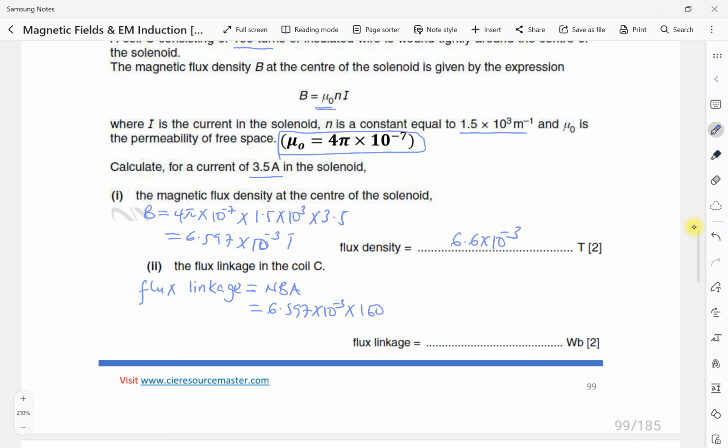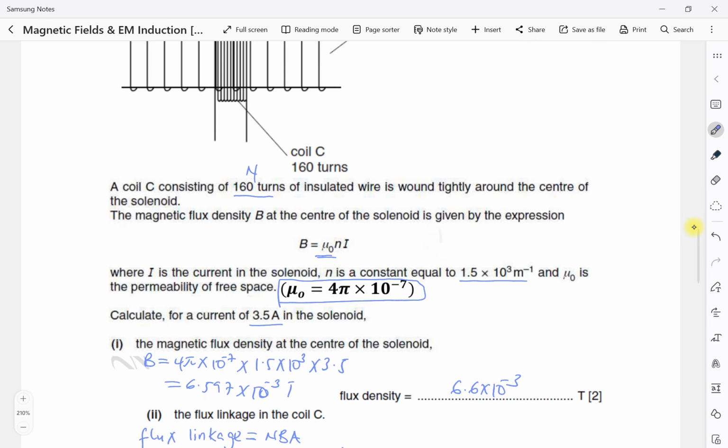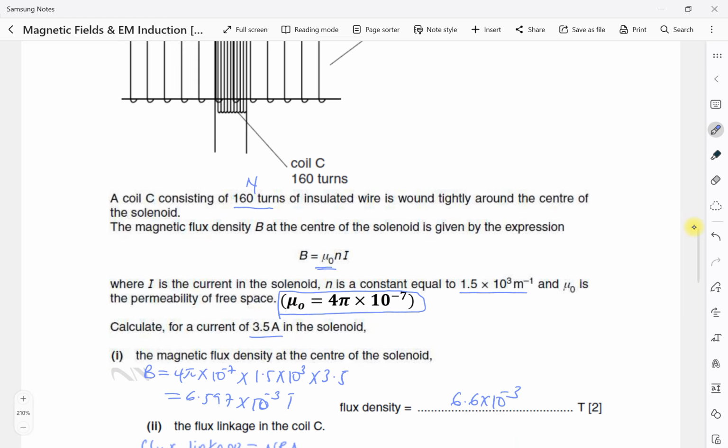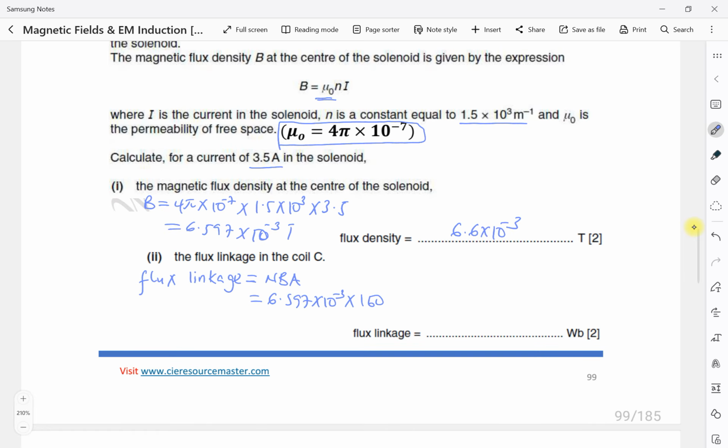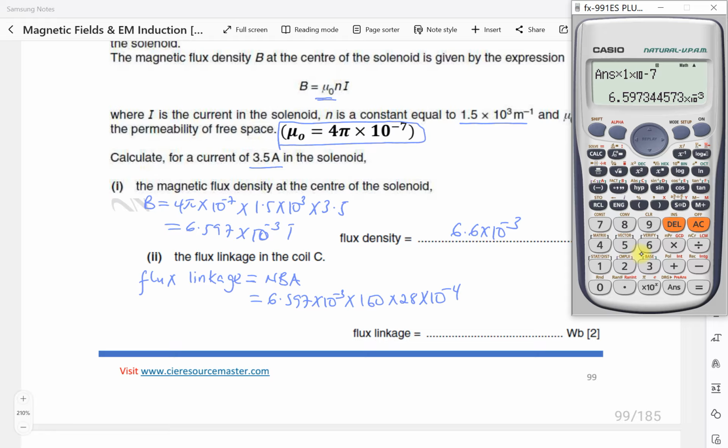Then the area was, what is the area? The area is 28 centimeters squared. We change it to meters squared, so that is times 28 times 10 to the power of minus 4. Power minus 4 to change it to meters squared. So I will say 6.597 times 10 to the power of minus 3 times 160 times 28 times 10 to the power of minus 4.